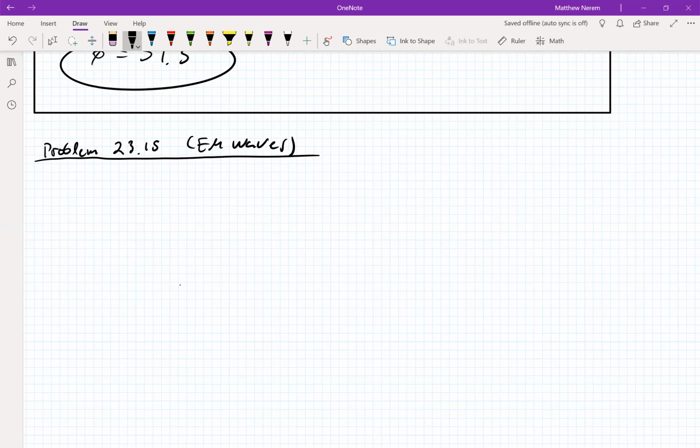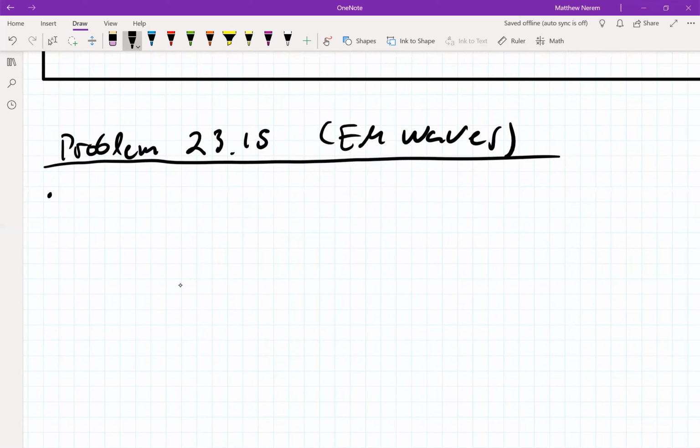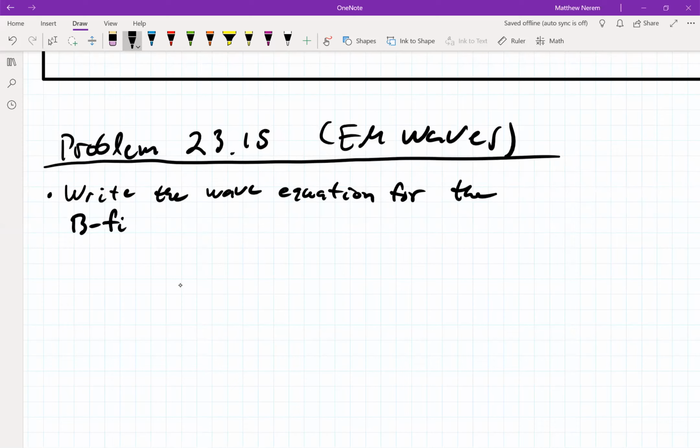So here's the problem. I'm just gonna rewrite it down, right? Problem said, write the wave equation for the magnetic field.